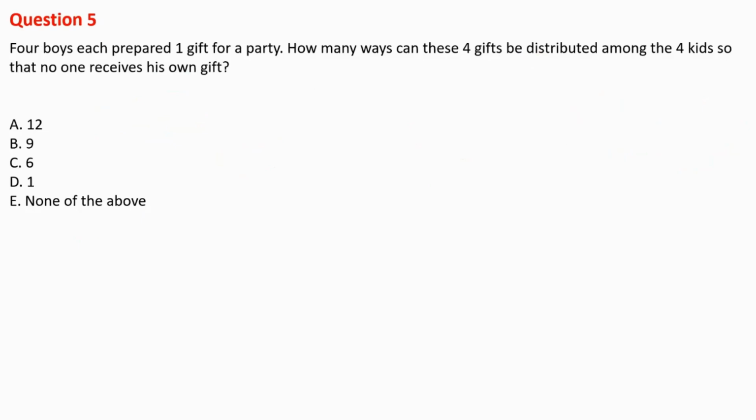Next, question number 5. 4 boys each prepared one gift for a party. There are 4 boys each preparing one gift, so 4 gifts. Okay, so 4 kids and 4 gifts. Now they have to distribute these gifts amongst each other in such a way that all 4 of them receive a different gift, the one which they have not obviously prepared.